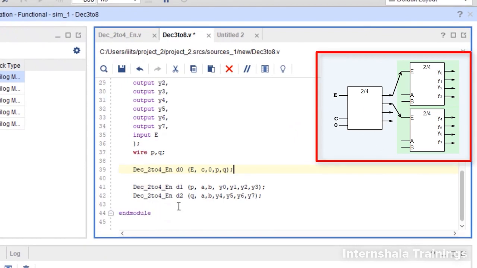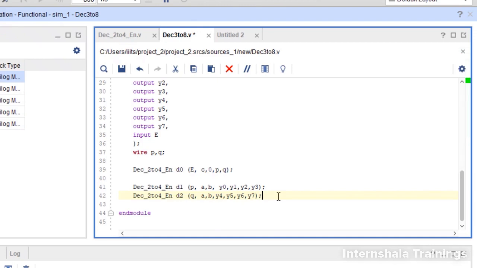Now coming to the output side, the enable signal for the first one is P, then the inputs are A and B and outputs are Y0 to Y3. For the second decoder, the enable signal is Q, inputs are the same A and B and outputs are Y4 to Y7. So this is how we code using module instantiation.